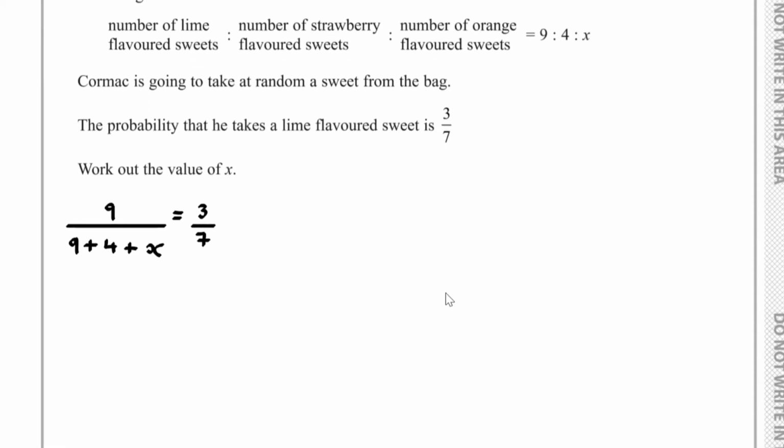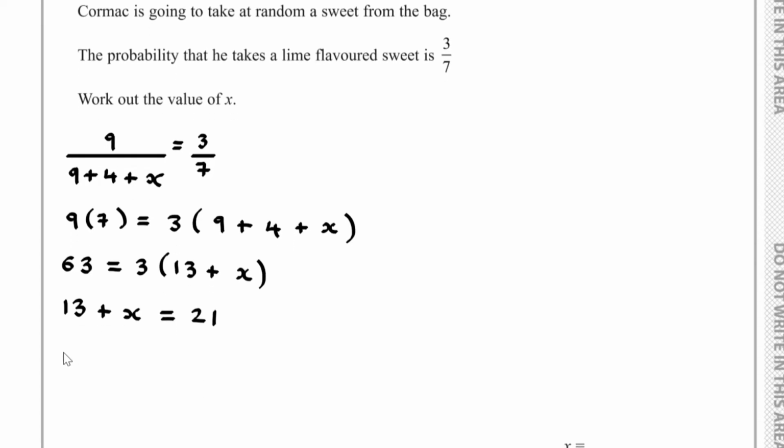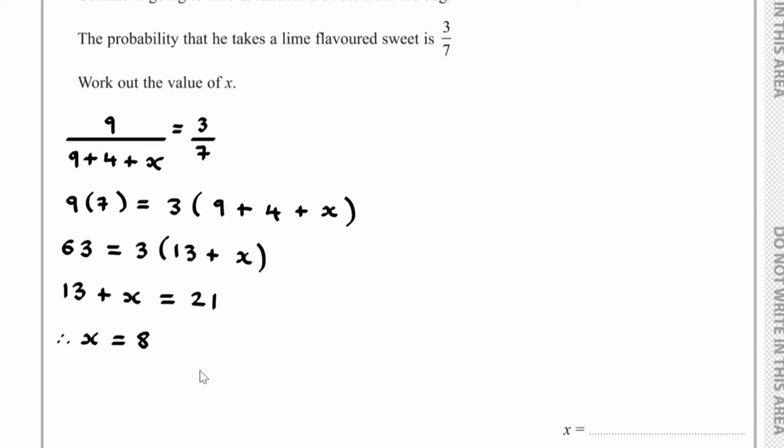So for us to find out what X is, well, we've got 9 multiplied by 7, which is equal to 3 multiplied by 9 plus 4 plus X. So what we see over here then is 9 times 7 is 63, and that's equal to 3 multiplied by 13 plus X. And if I divide through by 3, 13 plus X is the same as 21, which means X is equal to 8.